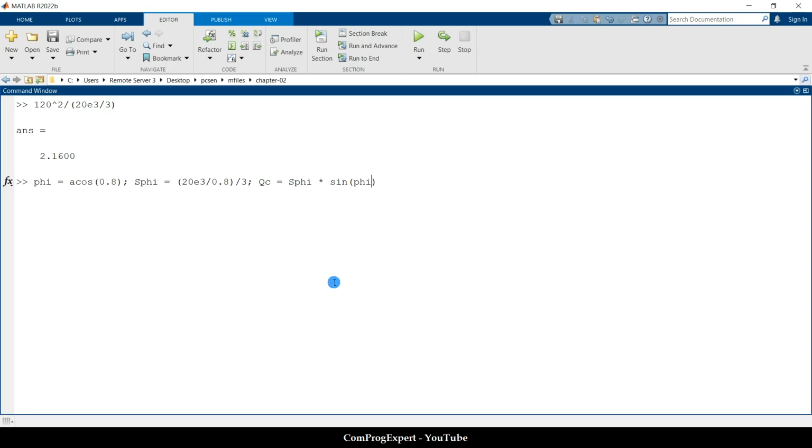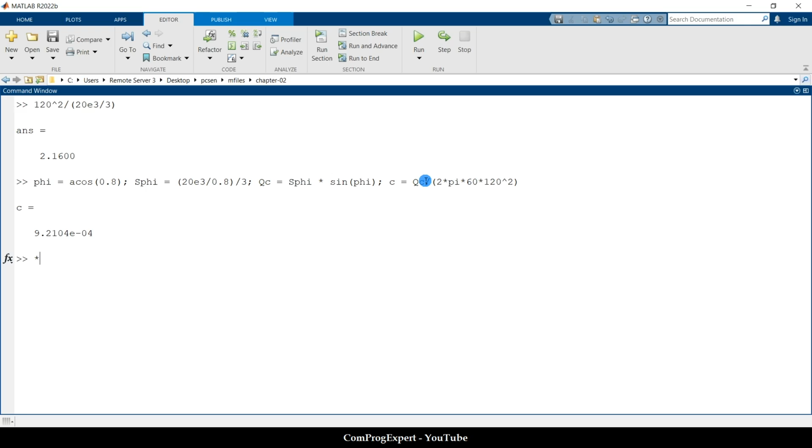Finally, we can calculate the value of the C. That is equal to Q divided by 2 times pi times 60 times the V phase to the power 2. This is the value of the capacitor in farad.